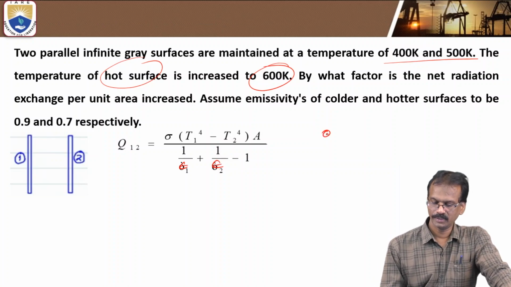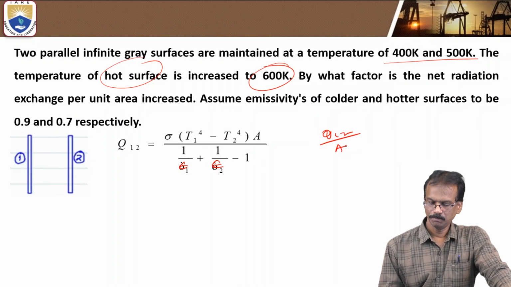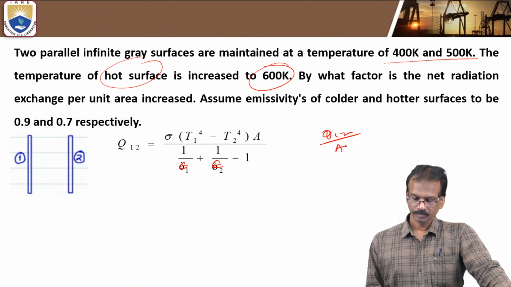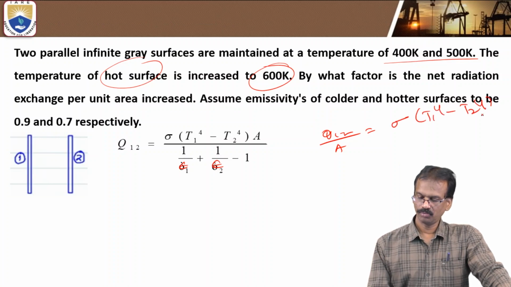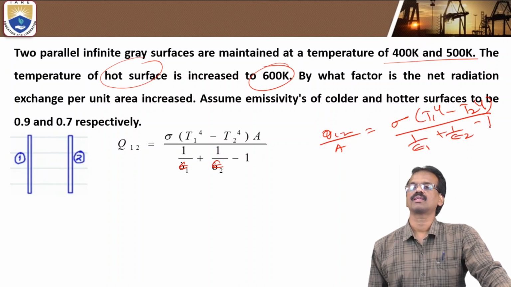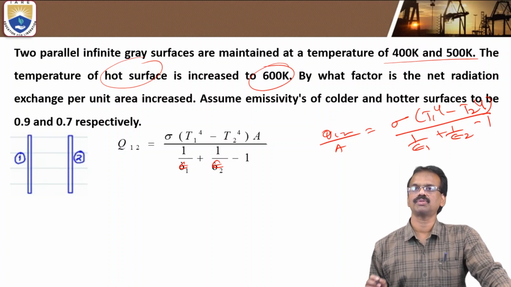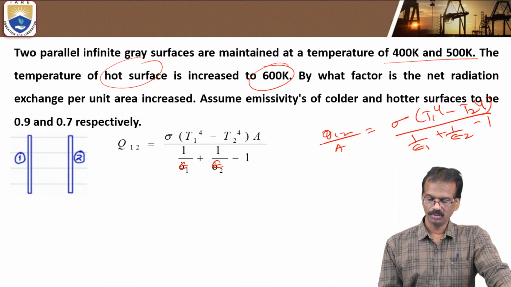Otherwise, you can write Q12 by A, unit area, as sigma into (T1 to the power of 4 minus T2 to the power of 4) divided by (1 by epsilon 1 plus 1 by epsilon 2 minus 1). Based upon this formula, first of all you have to derive this one.